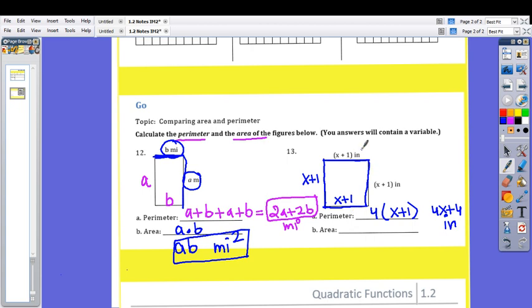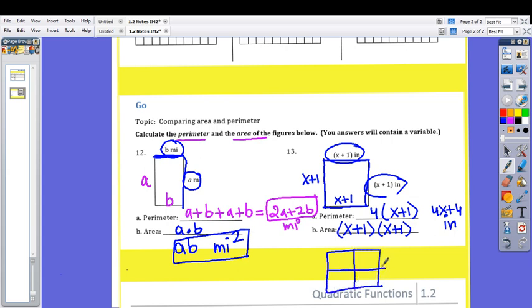Then area will be when you multiply both the sides, so it will be x plus 1 times x plus 1. And now I want you to make a box and then multiply them.